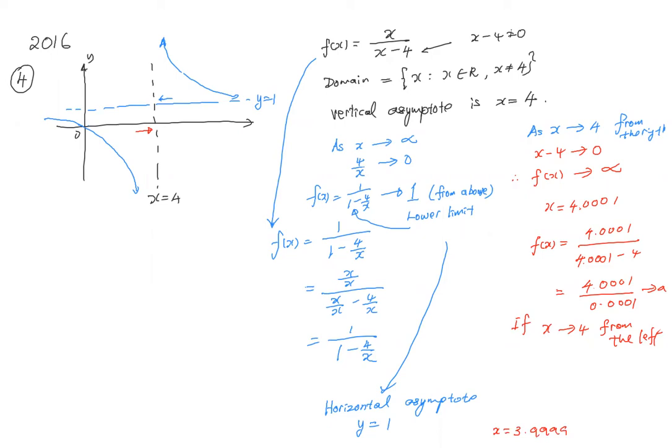Your x minus 4 will approach 0, but it's a negative value, correct? The numerator is a positive value. So therefore your f(x) will approach negative infinity.